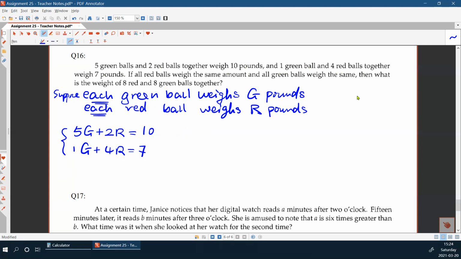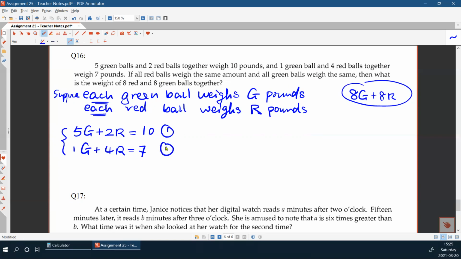And what we want to solve here is not necessarily G and R separately, right? Because it asks you to find 8 red balls plus 8 green balls. So that means as long as we can solve 8G plus 8R, our task is complete, right?